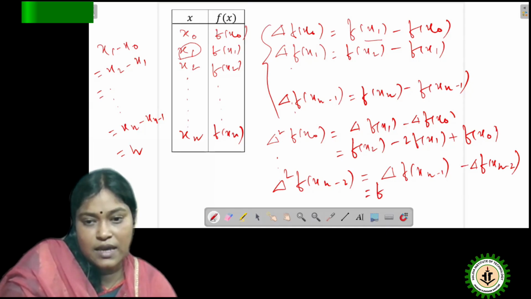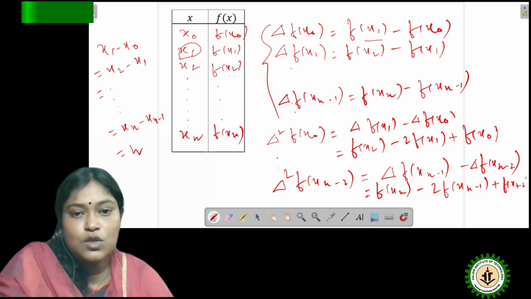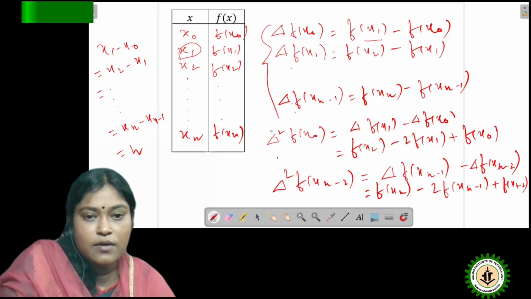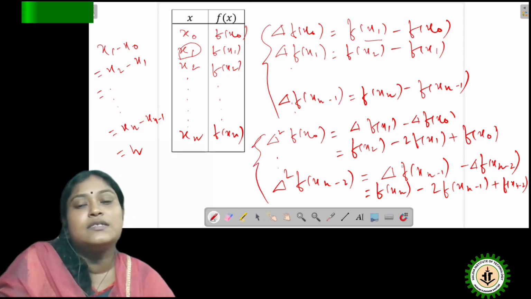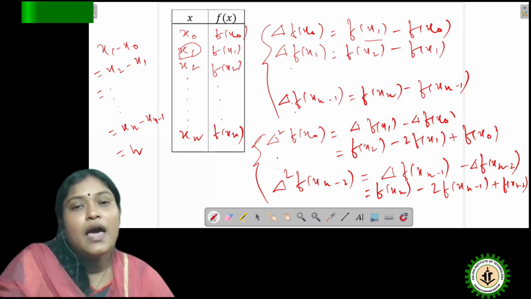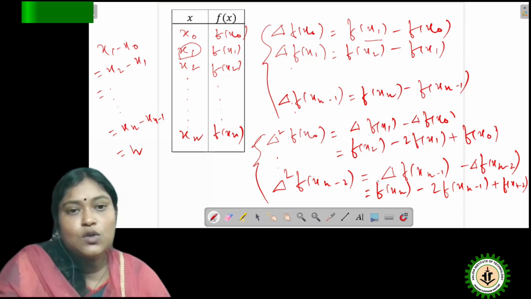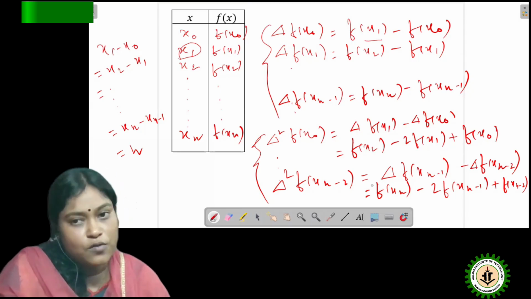Also we can write it as f of x n minus 2 f of x n minus 1 plus f of x n minus 2. So these all are second order forward differences. In this way we can carry forward and go up to nth order forward. So this is all about forward difference.